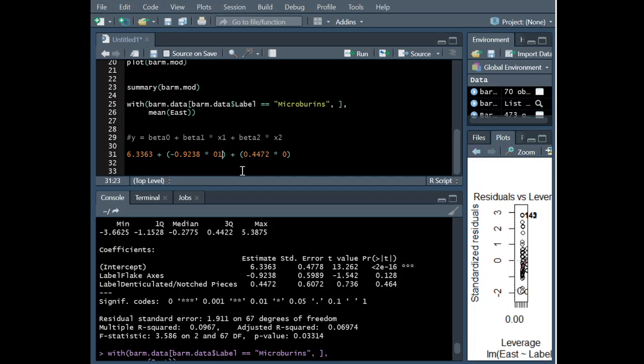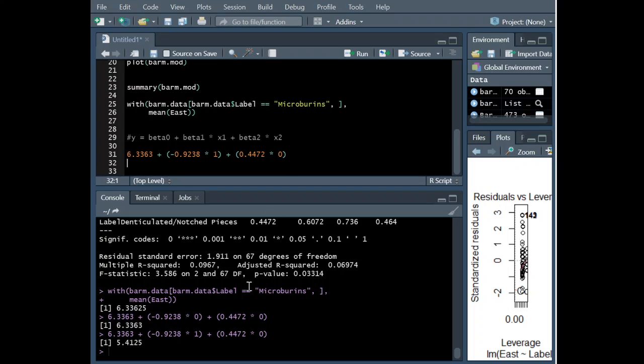Going back up here, this now becomes a 1 because we're multiplying this value times 1, so we're including it. We're still multiplying the coefficient for denticulated and notched pieces times 0 because we're not concerned about that. And so now it's 6.336 plus negative 0.923. So it's effectively 6.33 minus 0.923. If we run this, we get a value of 5.4125. That's going to be the mean Easting coordinate for flake axes.